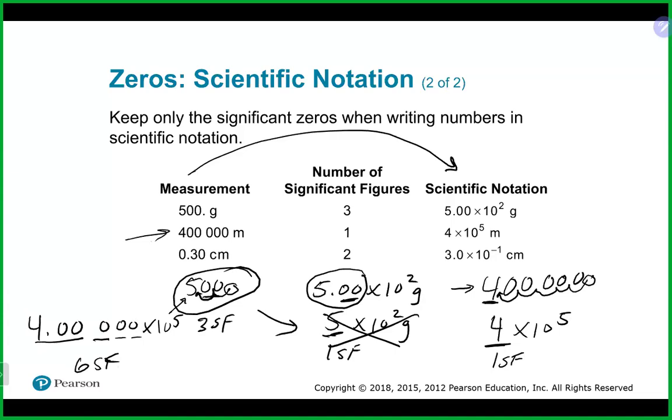The reason that's important is we're now saying our uncertainty is back here, when in reality our uncertainty is actually over here. So just like before, and also with scientific notation, you don't want to put extra zeros in there to make it look more sciencey or chemistry like. You want to make sure you have the right numbers.